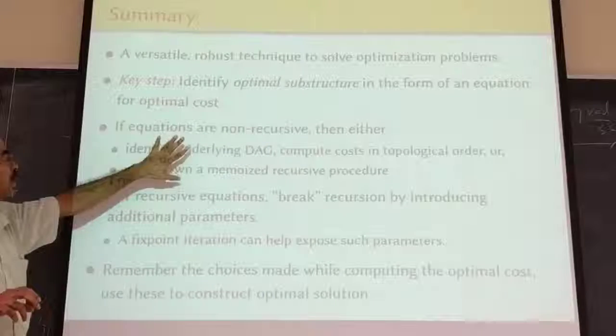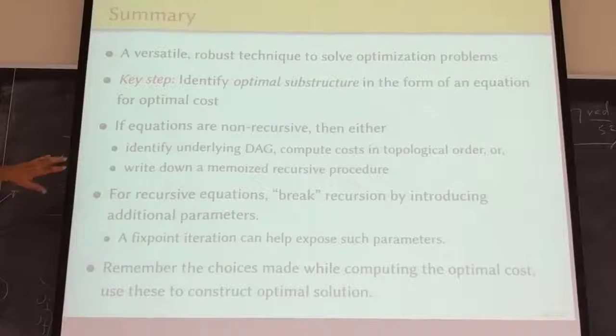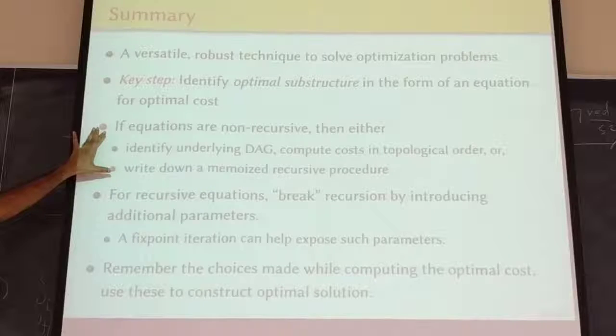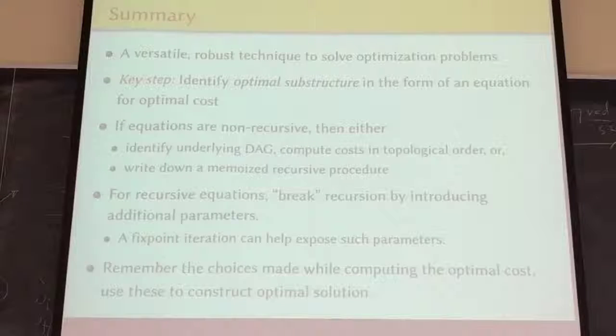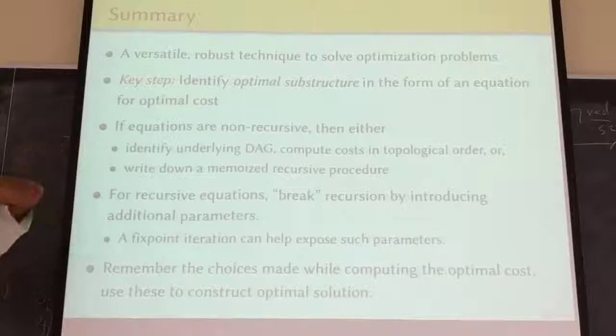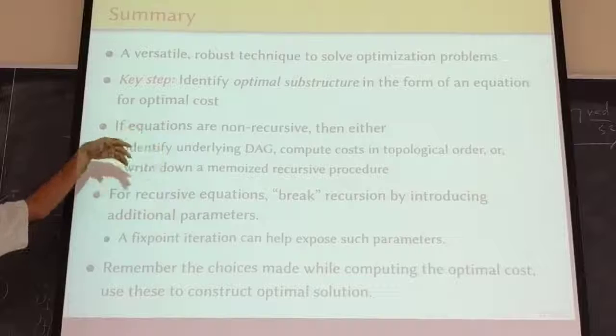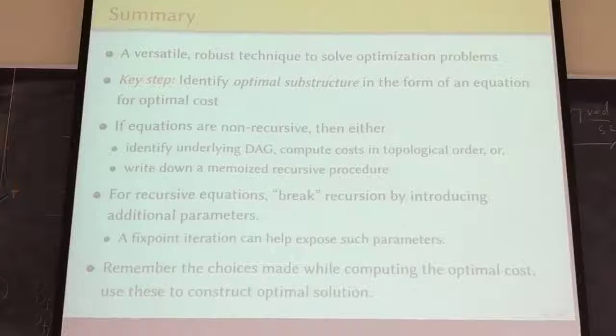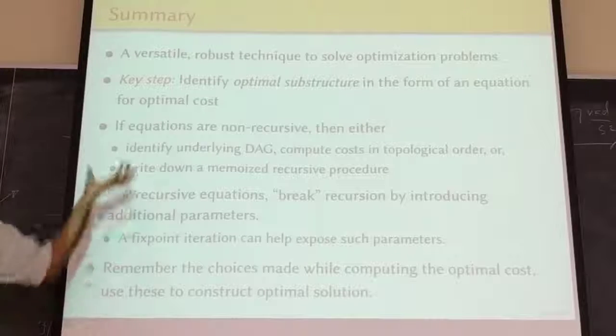In particular, we considered a number of problems where the underlying dependent structure is acyclic. If there's no cycle, then the dependence graph is a DAG, and we just do a topological sort on that, and then we evaluate or solve this equation in a bottom-up way.